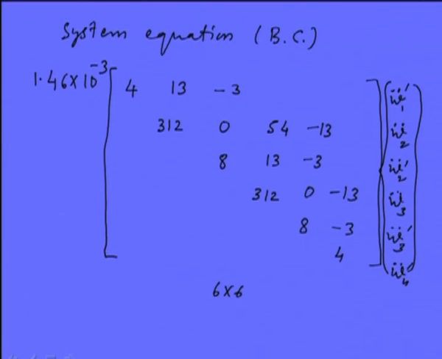This prime represents slope, as I already told. The rest of the terms here are all 0. Similarly, this side also, all terms are 0. So this is the reduced form of the mass matrix.